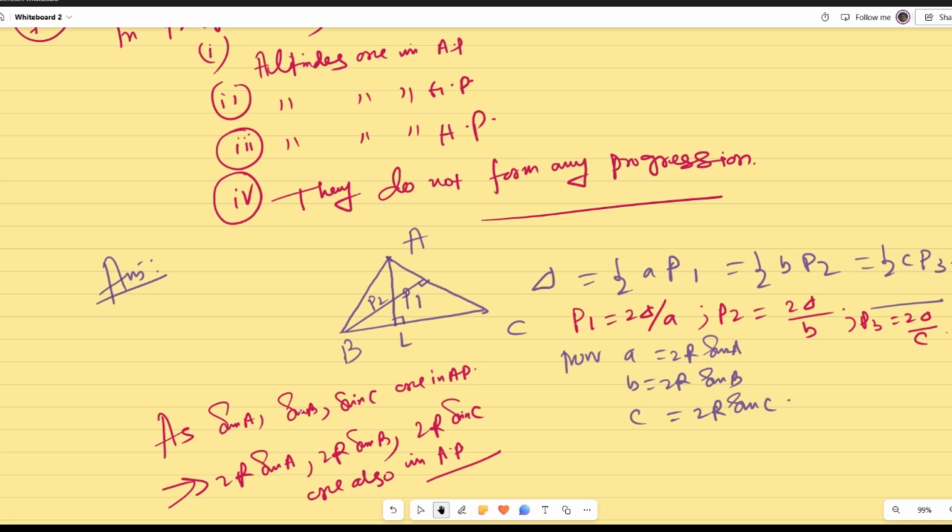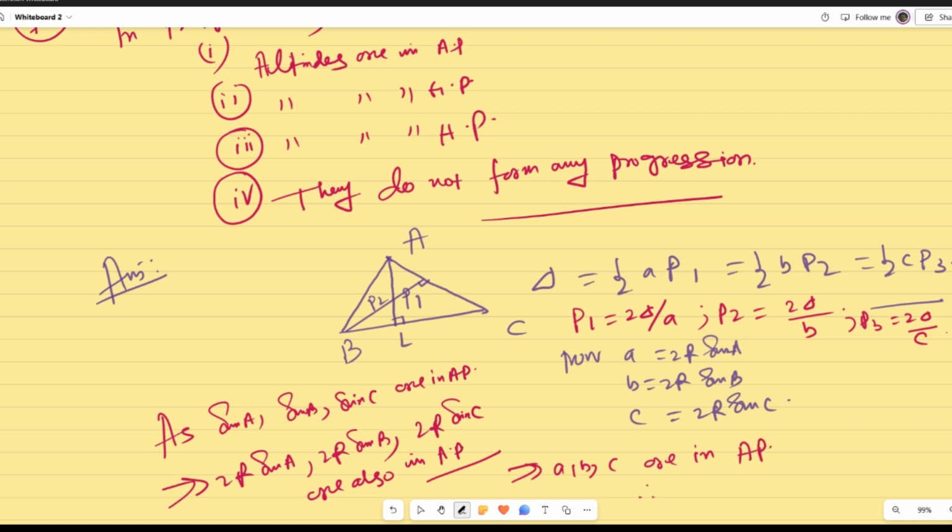Hope you have understood. This implies proportional to sin A is A, to sin B is B, to sin C is C. So these are in AP.